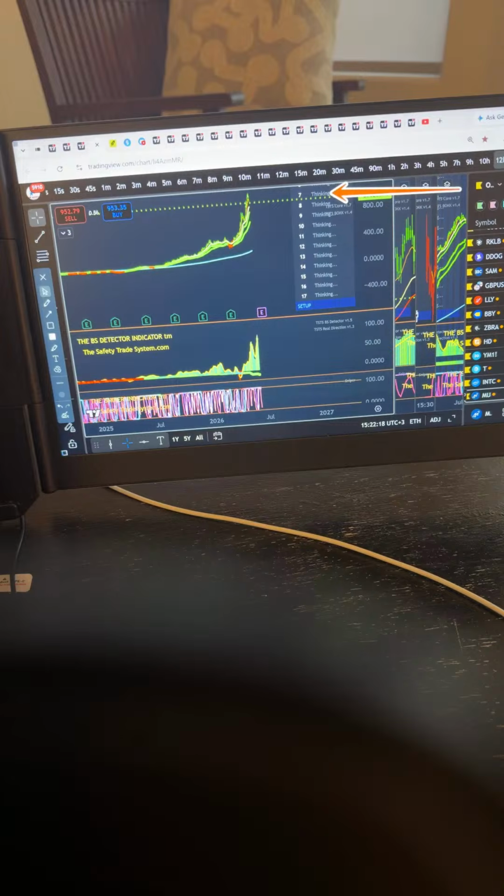Actually, this looks like it's the right code, it's just renamed wrong. Oh, I put that code over an old thing. That's probably why. So you're overriding a different indicator.